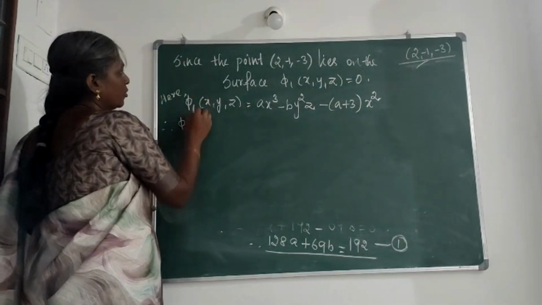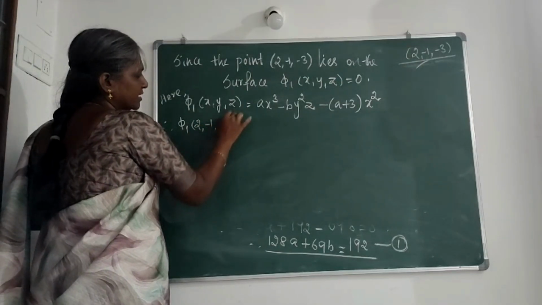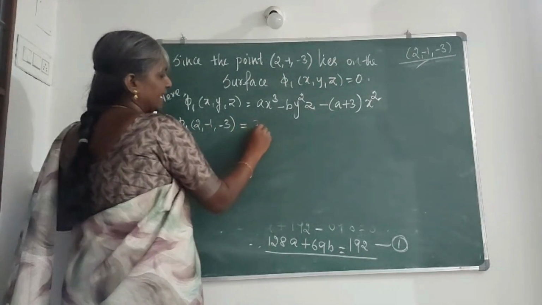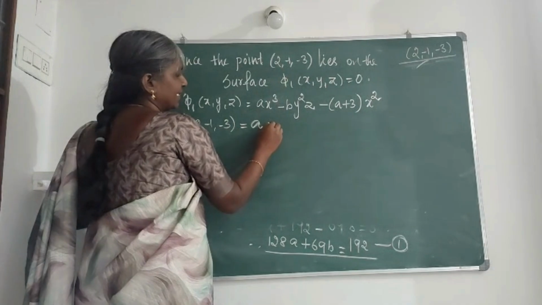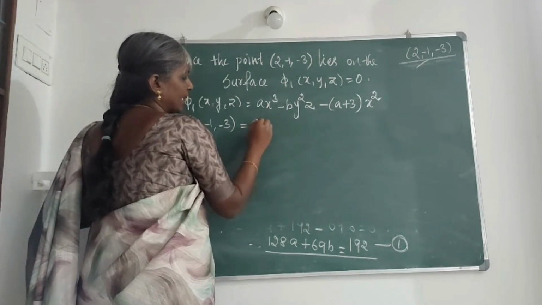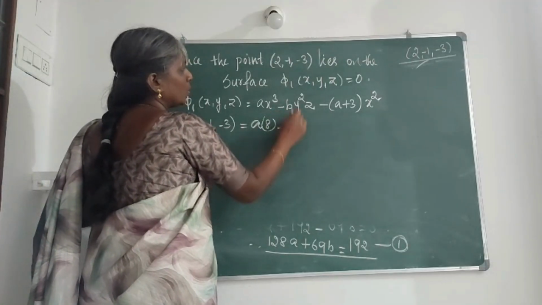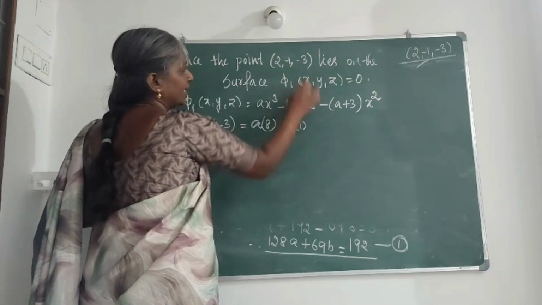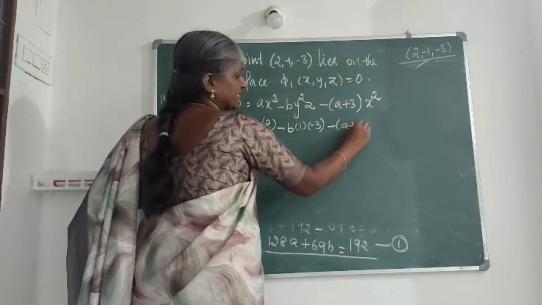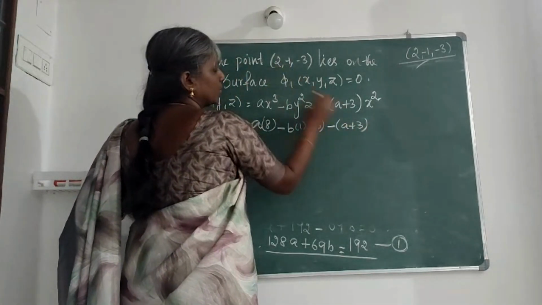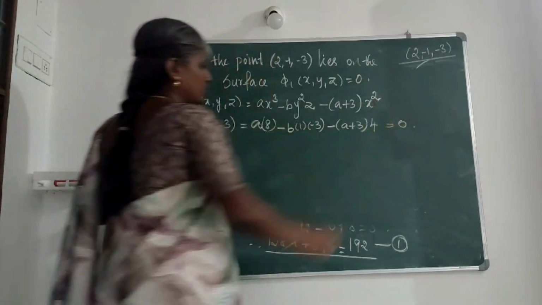Therefore pi 1 of the point 2 comma minus 1 comma minus 3 is equivalent to a into x cubed, that is 2 cubed, which is 8, minus b into y squared, that is 1, and z value is minus 3, minus of a plus 3 into x squared, that is 4, as per our condition equivalent to 0.